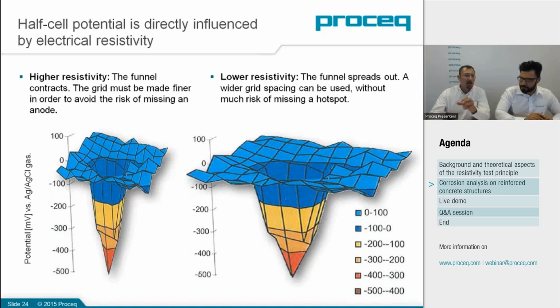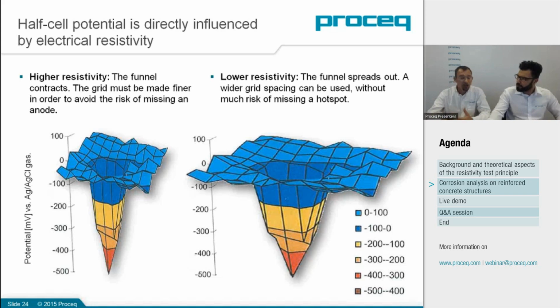This is where I use my Resipod even prior to the half cell, because if I measure a higher resistivity, I will expect a shape of the potential curve similar to the one on the left, a narrow funnel, and I really cannot afford a broad spacing.